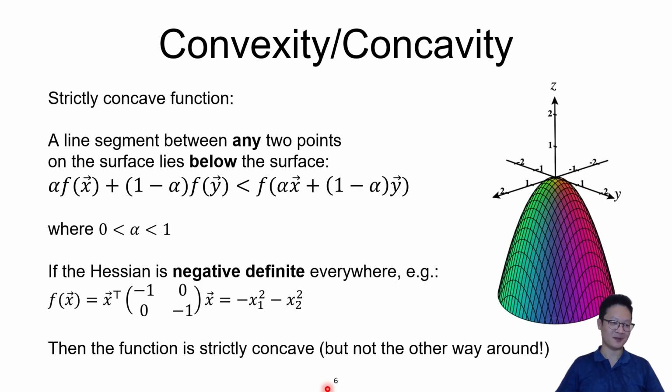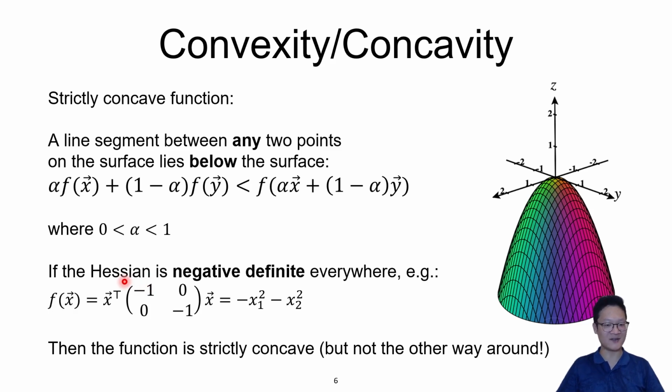Okay, maybe you already expected this, but lastly, we have to cover strictly concave functions. A line segment between any 2 points is going to be strictly below the surface. So strictly below, strictly less than here, and also the Hessian is negative definite. Again, be careful with the Hessian here.